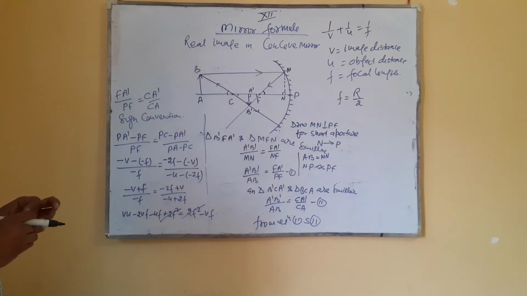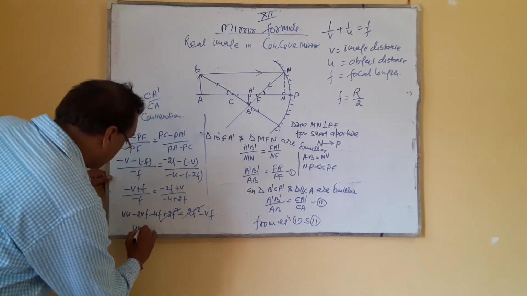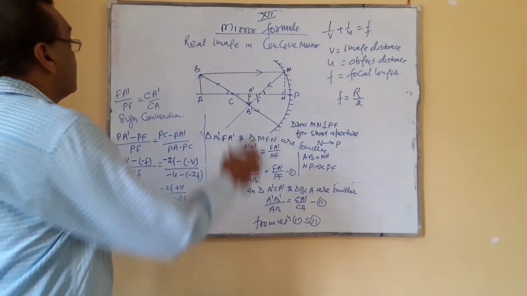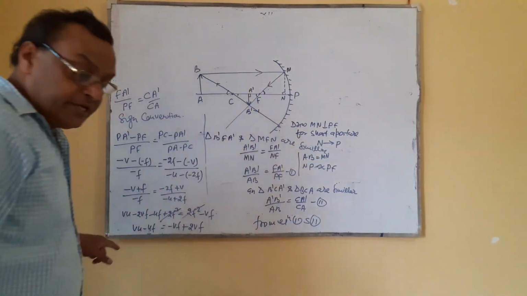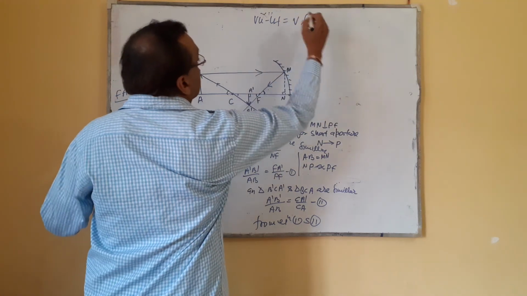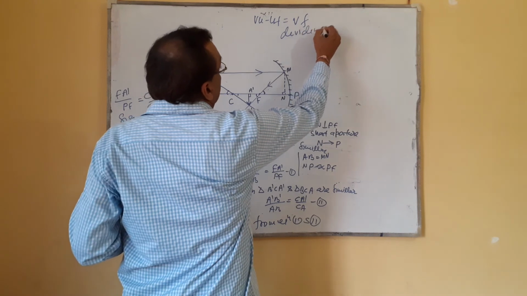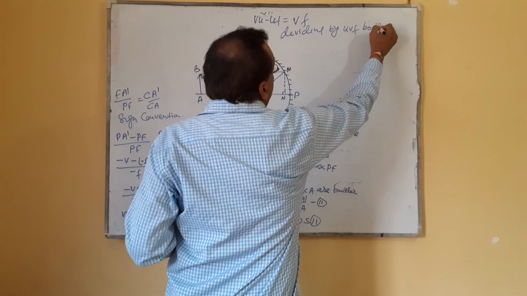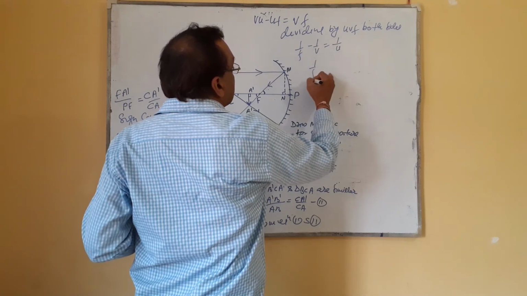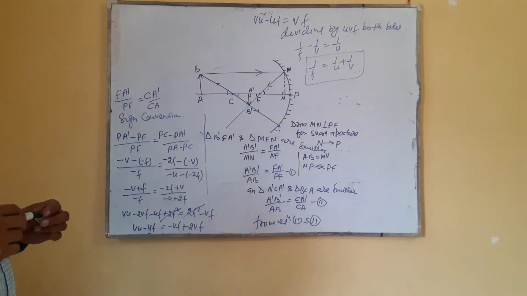So what will it be? Here we write vu minus uf is equal to minus vf plus 2vf. Okay, now from here, vu minus uf is equal to vf. Okay, now what we do is divide both sides by uvf. So 1 by f minus 1 by v is equal to 1 by u, that is, 1 by f is equal to 1 by u plus 1 by v.